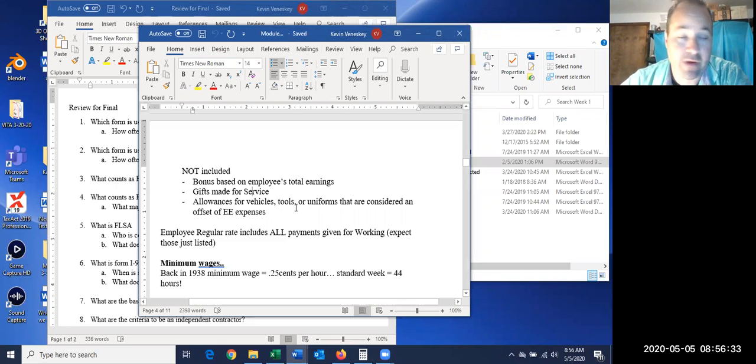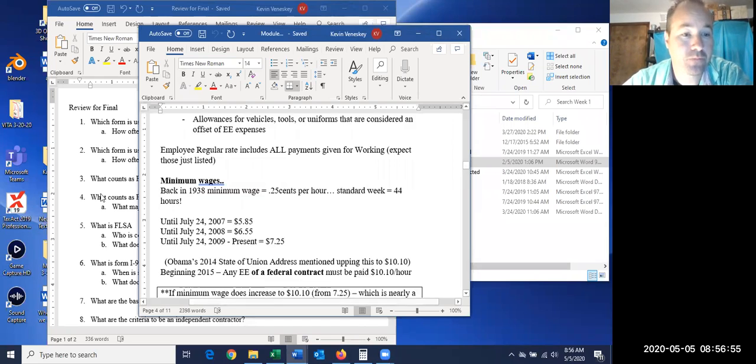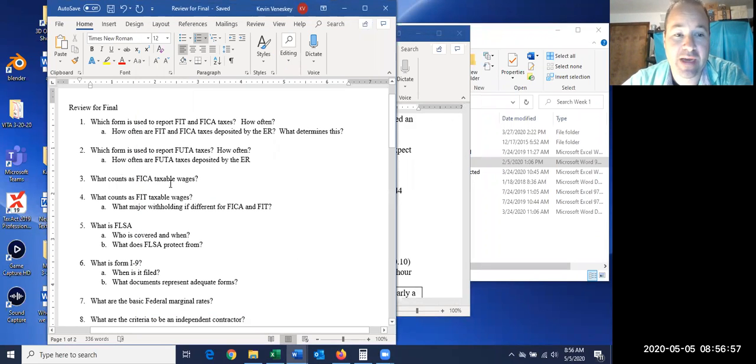If the employer has a qualified plan set up, they have to go through a few paperwork things, but they can set up a qualified plan. And then if they reimburse you or they give you some items to wear or to use, those wouldn't be taxable either. So that's just a few of the items that are taxable for FICA and for federal.